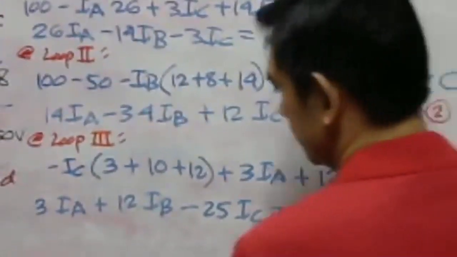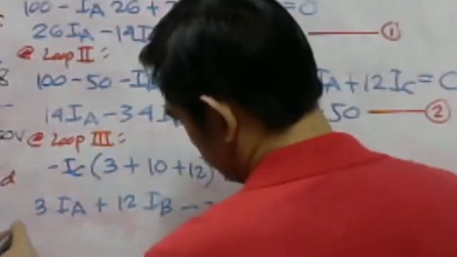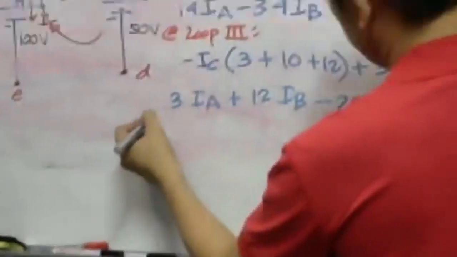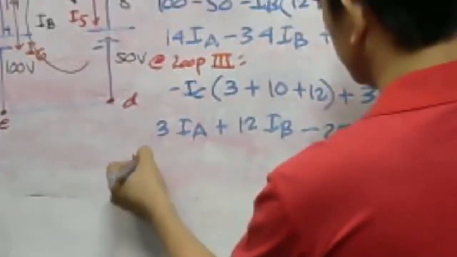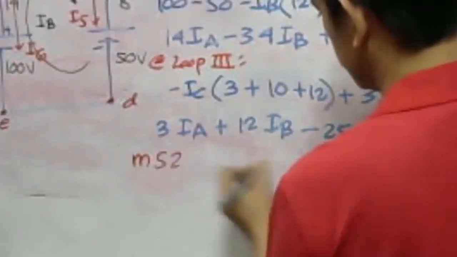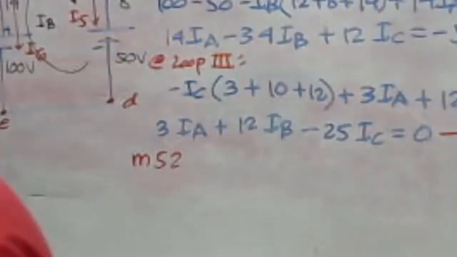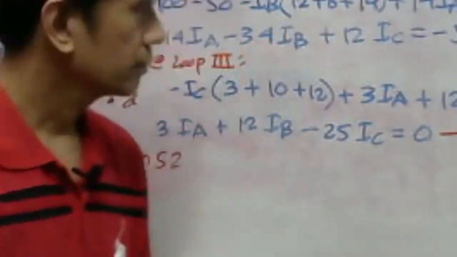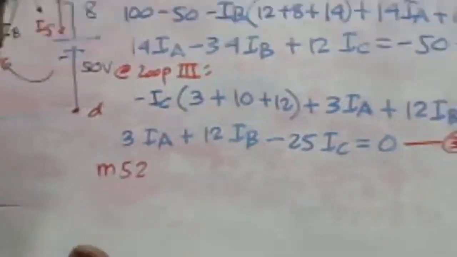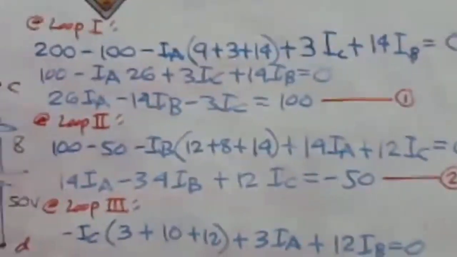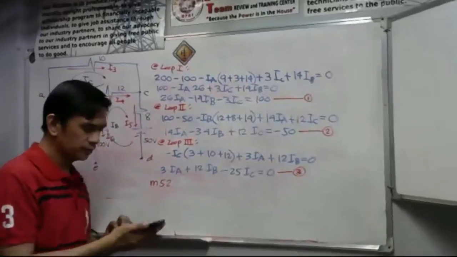Again, using our calculator, let's use mode 5.2. Let's take a look again with our equation number 1. Press now mode 5.2.